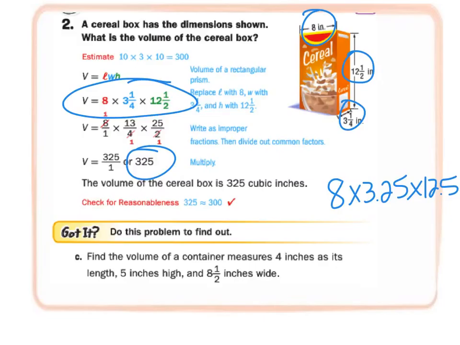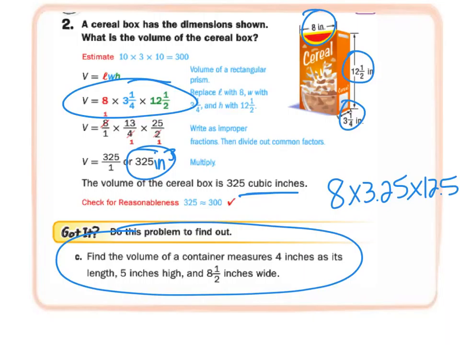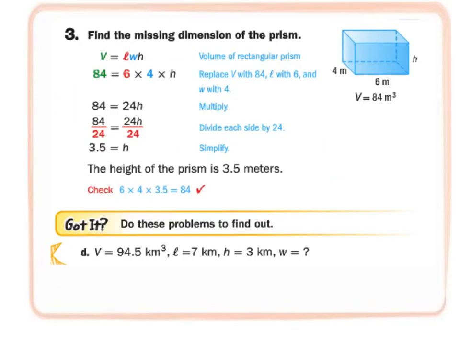So you just have to multiply the three numbers together. Make sure you label that with the cubic inches. So that'd be 325 cubic inches. Okay? Try this problem down here. Use the three dimensions to figure out the volume.